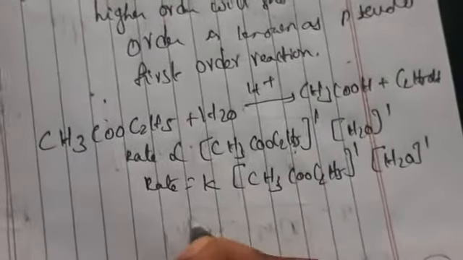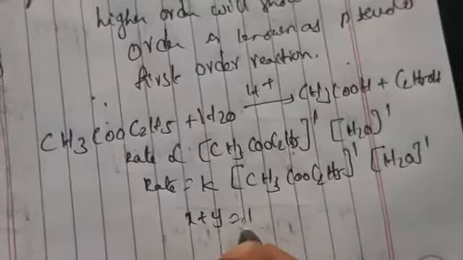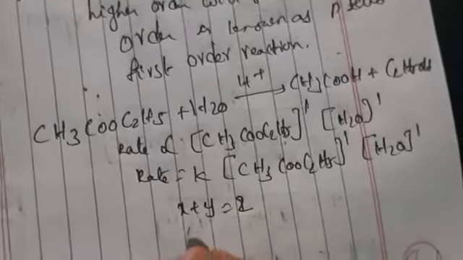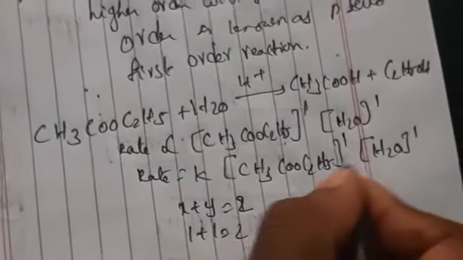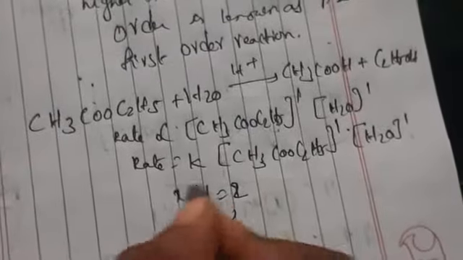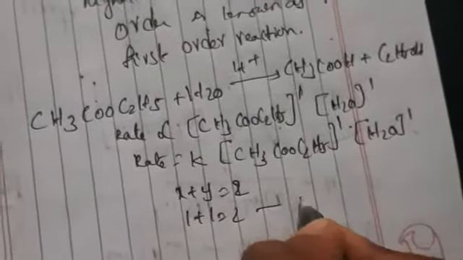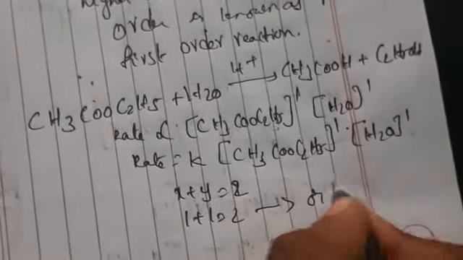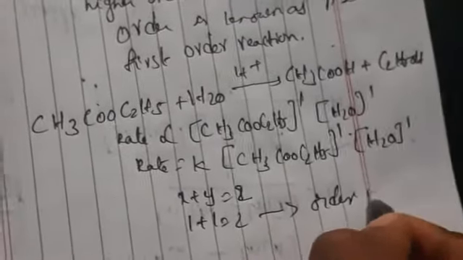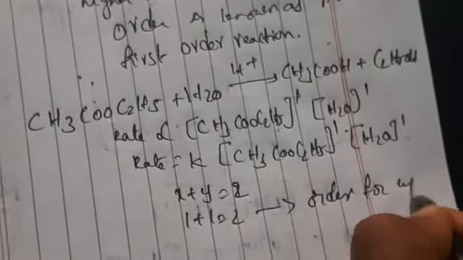So rate equals k into [CH3COOC2H5] to the power 1 into [H2O] to the power 1. So according to rate, x plus y equals 2. Why? Because here 1 plus 1 equals 2. Okay, so this is the order.